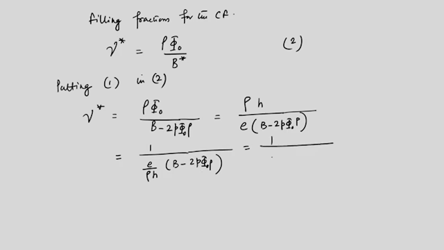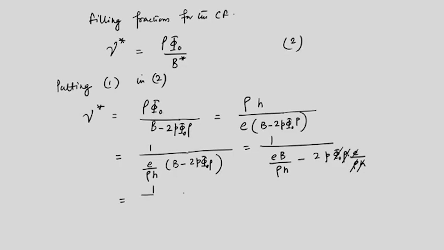So, I take this in. So, it is eB by rho h and a minus 2p phi 0 rho into e by rho h. So, rho will cancel and e by h is 1 over phi 0, so that will cancel as well, and we are left with eB over rho h, which is nothing but the filling fraction of the original fermions. Okay.